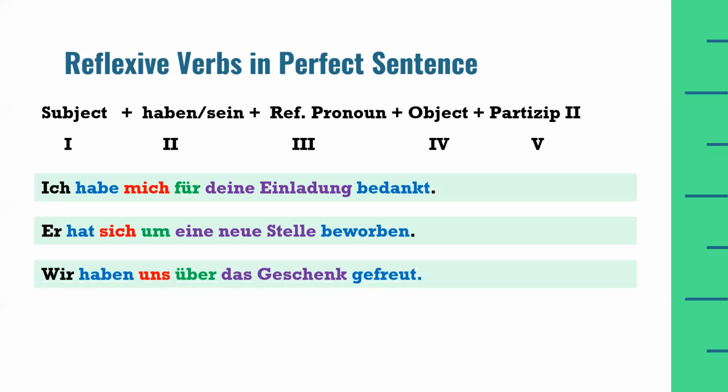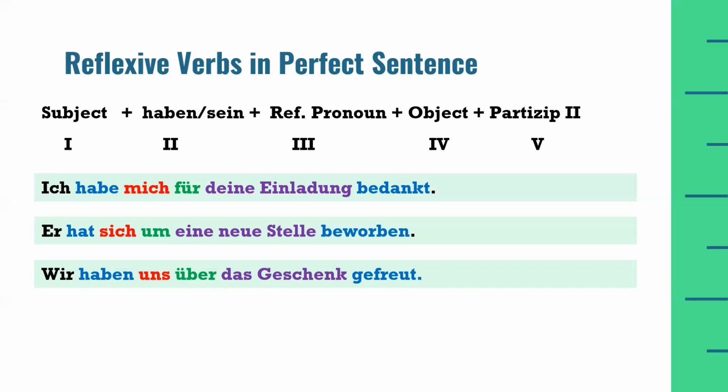Next example, wir haben uns über das Geschenk gefreut. We were glad about the gift or present. Wir is the subject, and for wir, haben remains haben. At third position, again, we have the reflexive pronoun uns, because the subject is wir.